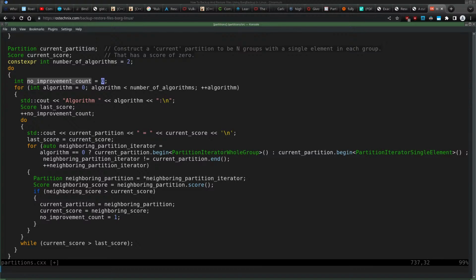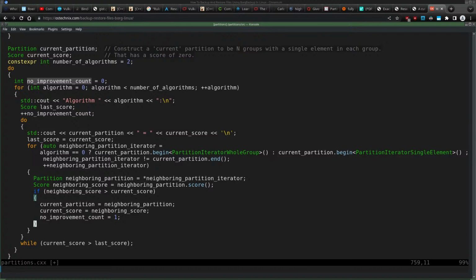I could anticipate that that algorithm is also going to fail. So we could now start at 0. So for the first algorithm we start with nothing failed, but I anticipate that this one is going to run till the end without improving it. If it does improve it, we set it to 1, which it already was.